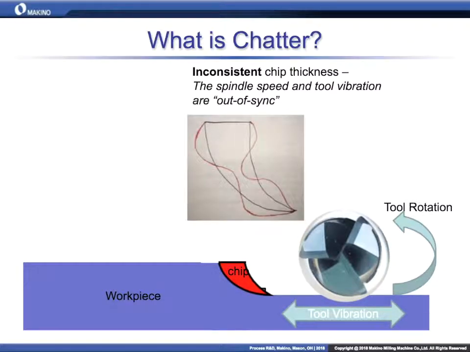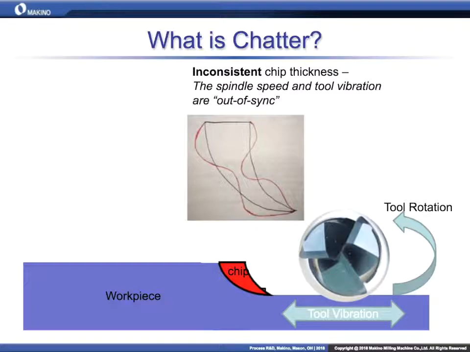So we've shown up here a chip. The black chip would be the nominal chip that we formed, idealized, exactly. And then the red would be what happens if your tool's vibrating while it's rotating. It's going to vibrate to the left and cut off more than the idealized chip, and then it's going to vibrate back to the right and cut off less.